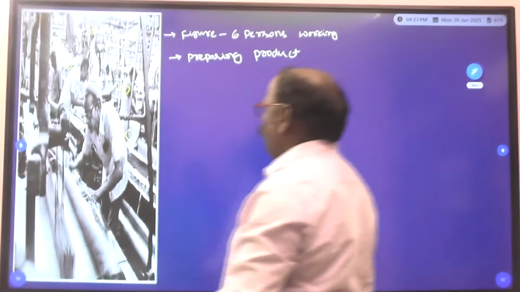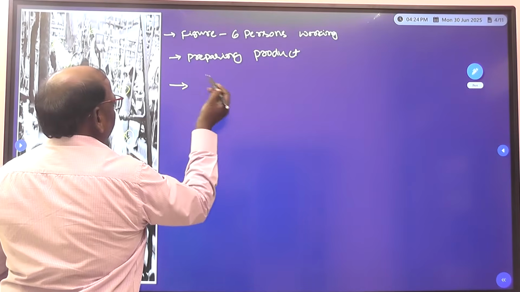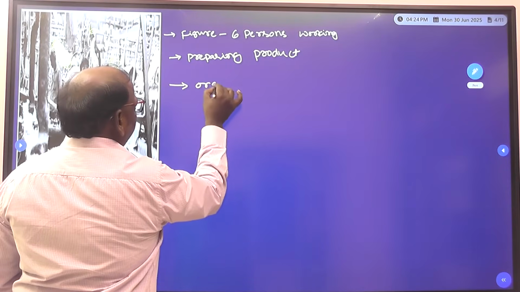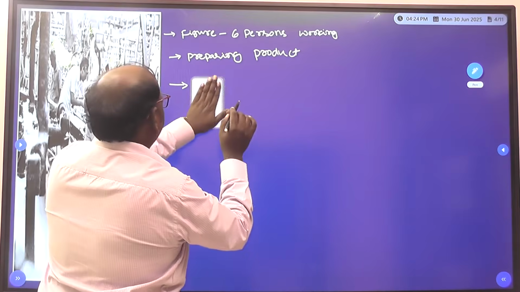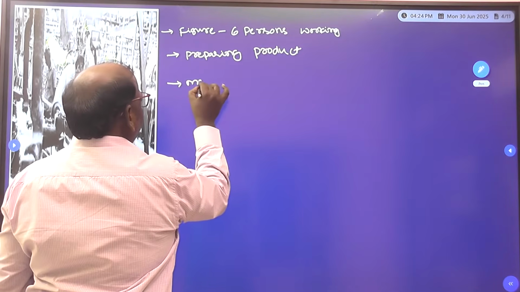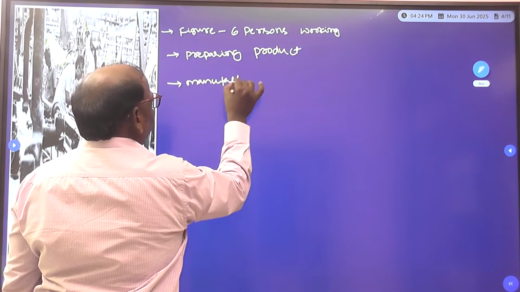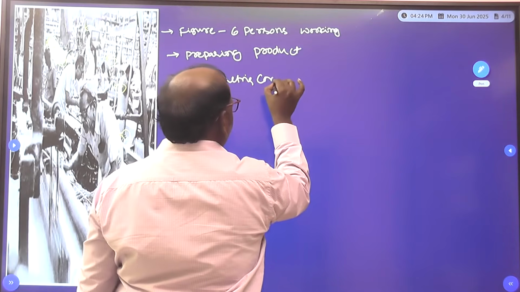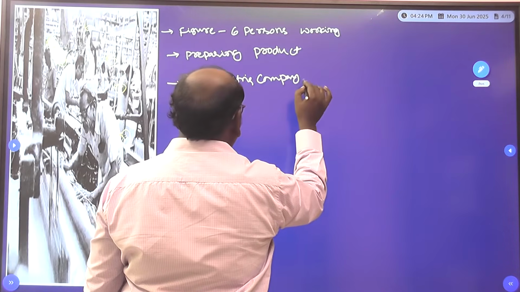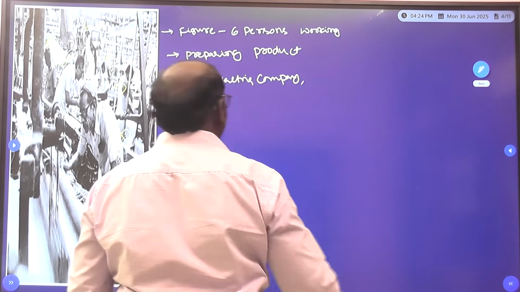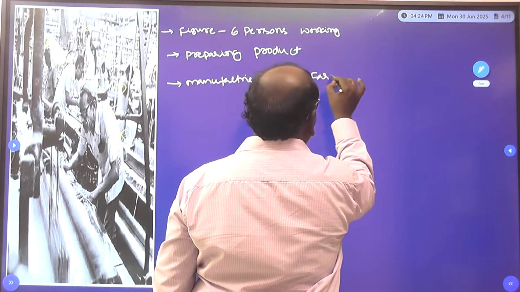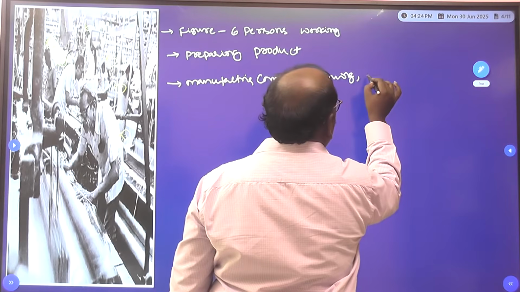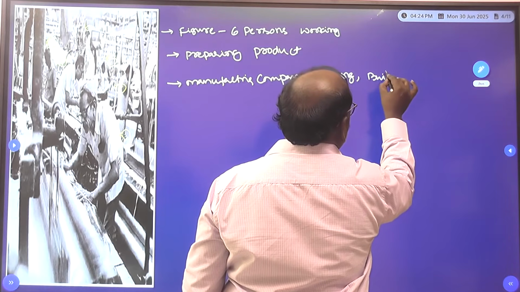Now, if you want to see how manufacturing works in a company, first take any organization, I can say a manufacturing company, or else we want to do farming, or we want to construct a building.